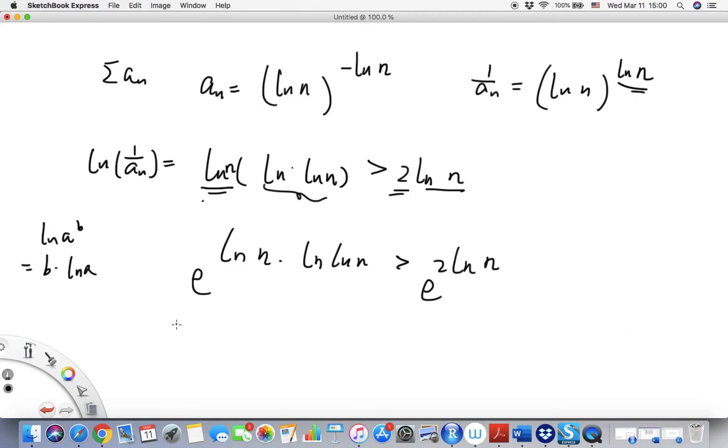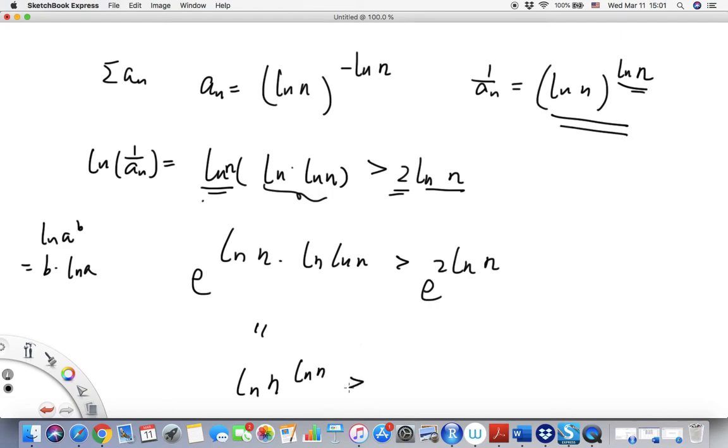So log n to the power of log n, because we take the log and then exponentiate, we get back to the original thing.